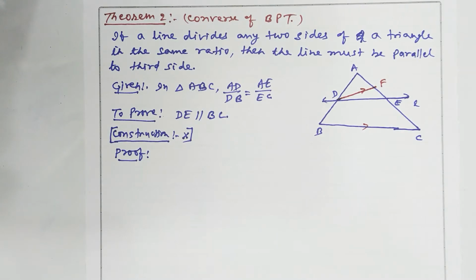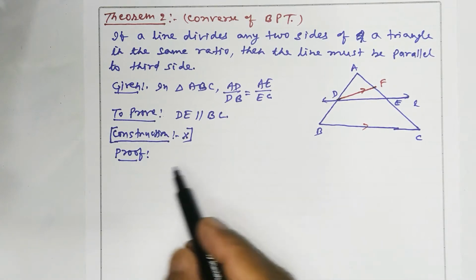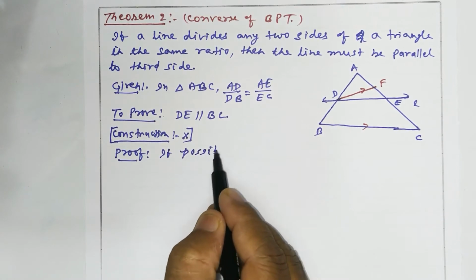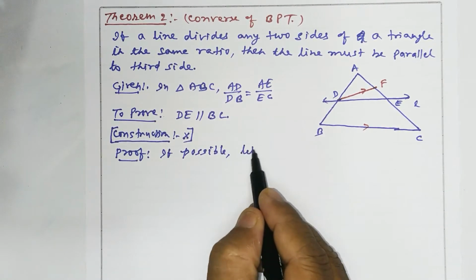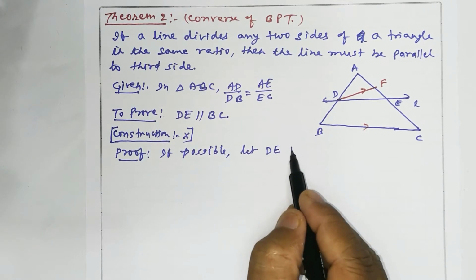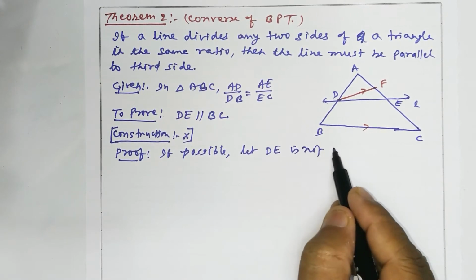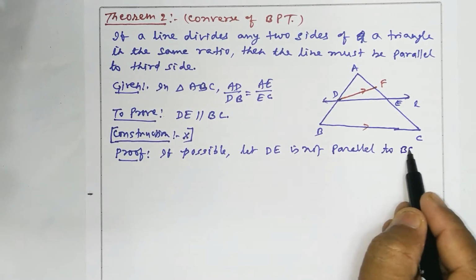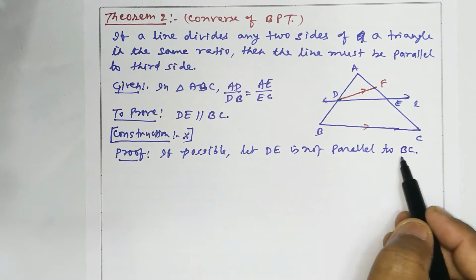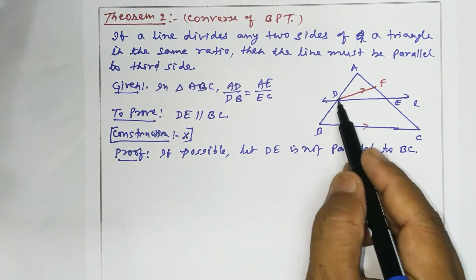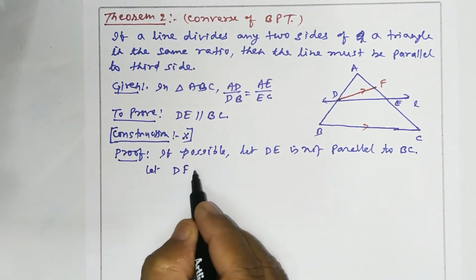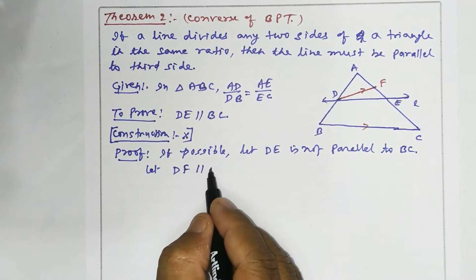If it is not parallel, then we draw DF parallel to BC.